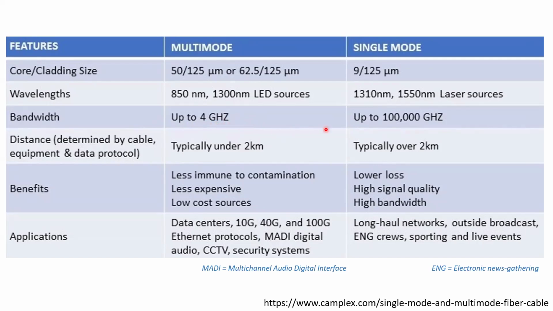Now for single mode, we're talking roughly up to, because I don't think the equipment has been invented to actually choke single mode, so we're kind of agreeing to up to 100,000 gigahertz. That's a lot of hertz. Quite high frequency, a lot of information. So you see that there are differences between the single mode and multi-mode.